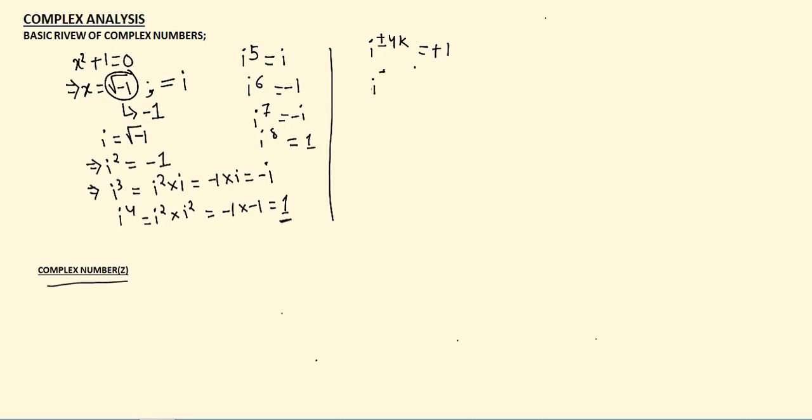Similarly, i to the power plus minus 4k plus 1 can be written as plus minus i, i to the power plus minus 4k plus 2 can be written as minus 1, and i to the power plus minus 4k plus 3 can be written as minus plus i.